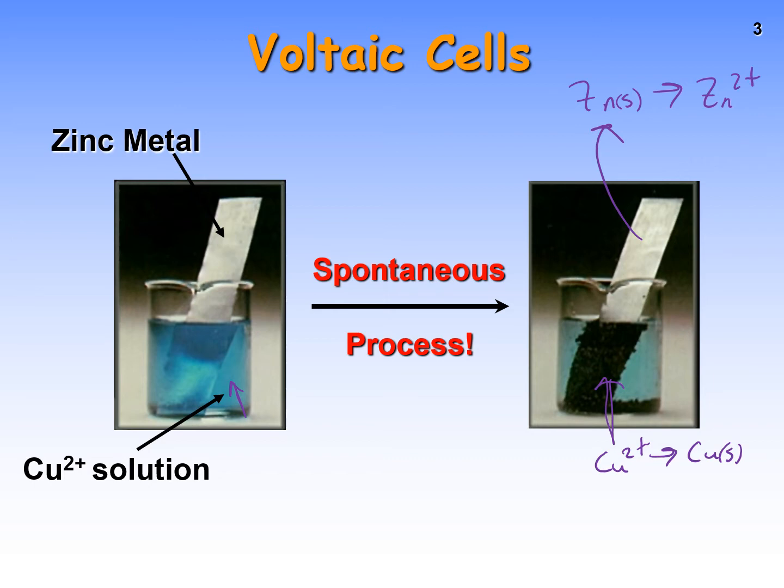And so these are the two redox half reactions. Again, we'd actually need to balance these. This has 2 electrons here, and this has 2 electrons here. But these are our 2 half reactions that are occurring in this system.